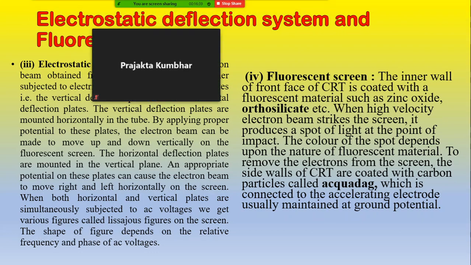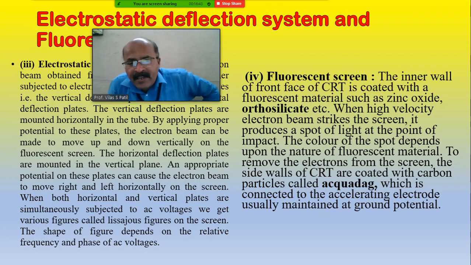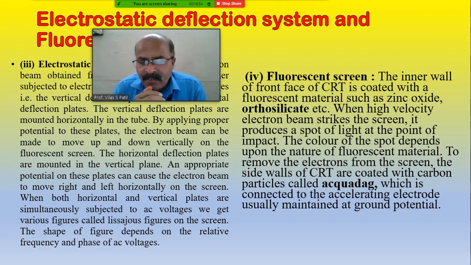We know that the fluorescent screen is the last part of the CRT, on which the visual indication of the signal is to be seen. The inner wall of the CRT, that is the glass envelope, is coated with a conducting coating of aquadag material.